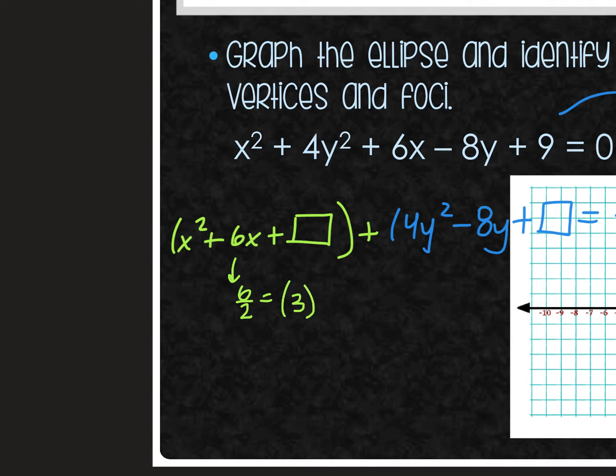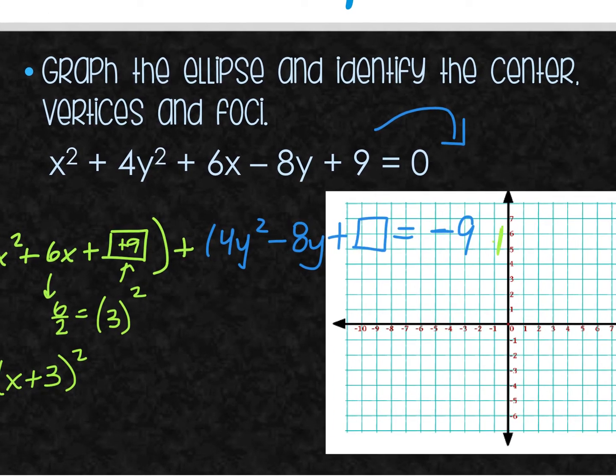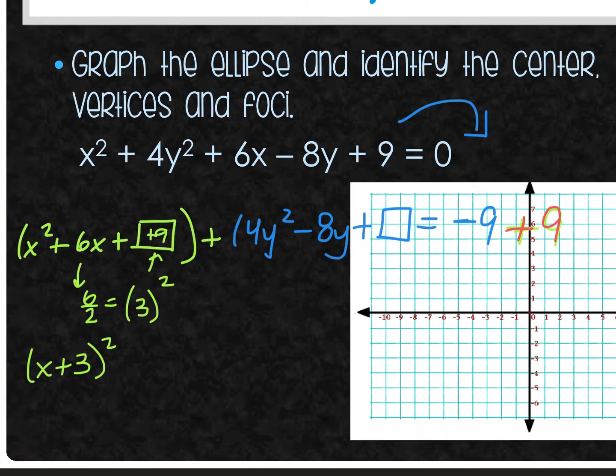So in my parenthesis, I have x plus 3 quantity squared. Agreed? And then how do I figure out what goes in the box? You square this and put it right there. So 3 squared is 9. What you do to one side, you gotta do to the other.